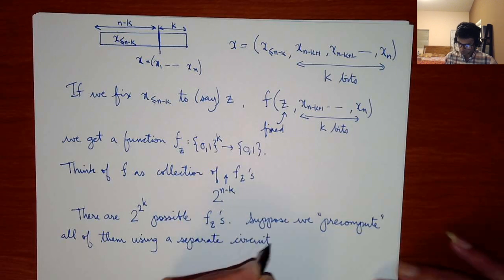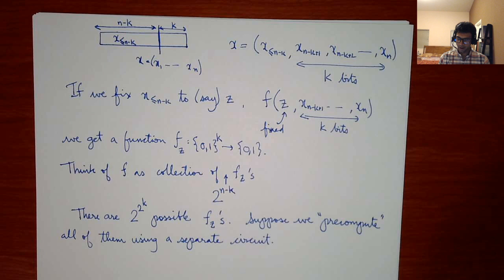So the way to think of this is you want to build a circuit for f. You don't know what f is. You're going to evaluate the truth table. You're going to look through the truth table and kind of figure out what the circuit should be.